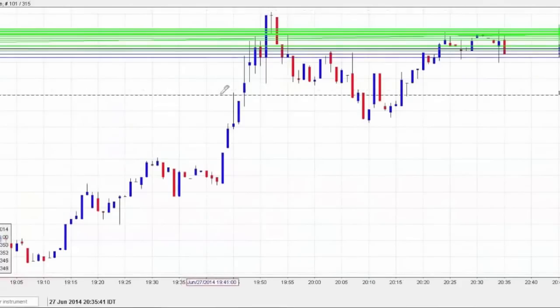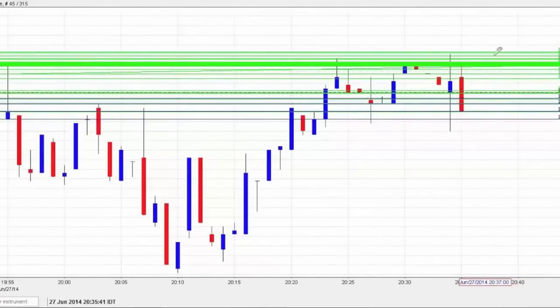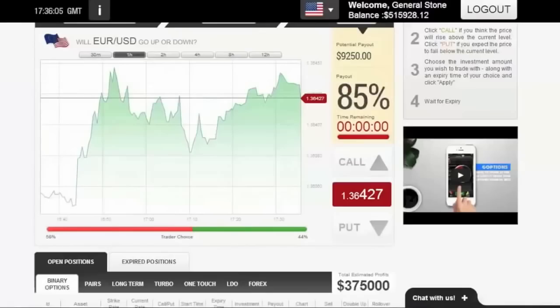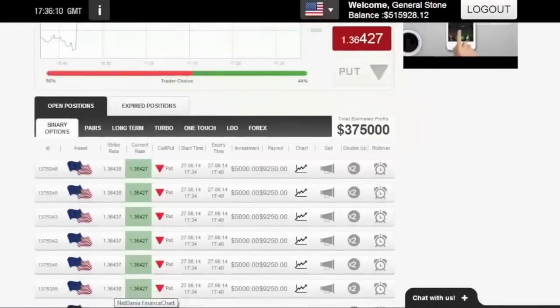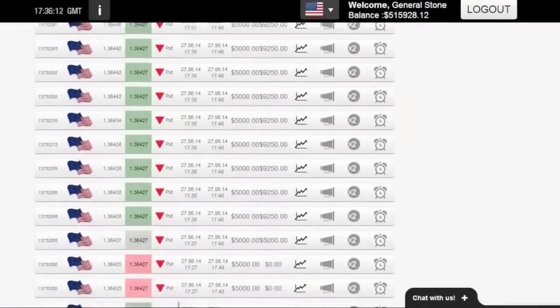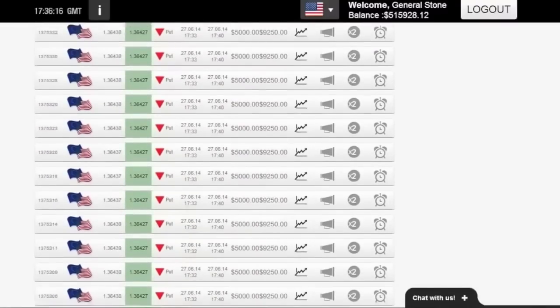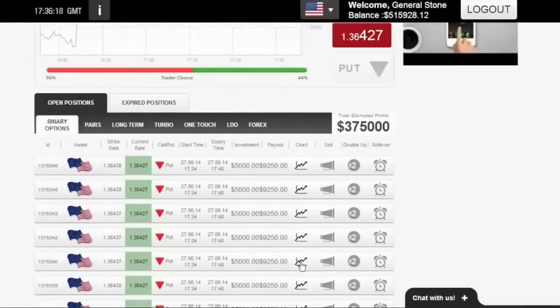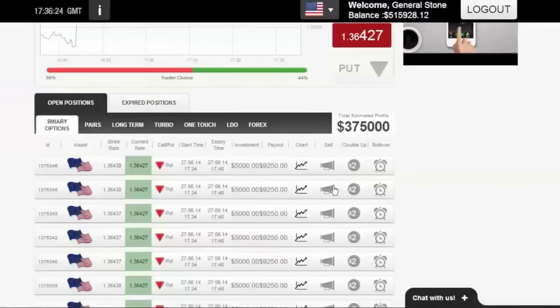And if I go over to that 1 minute view, you can see all of these trades currently in the money, prices all the way down here. And if I flip back to the trading platform, you can see all of the positions, apart from just 2 or 3 at the lower level, are now green and in the money. That's not to say that it's going to stay there throughout the course of the next 5 minutes, but I'd say it's pretty likely that I'm going to have a monster profit session.